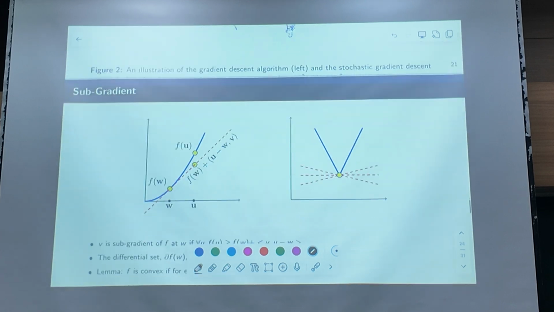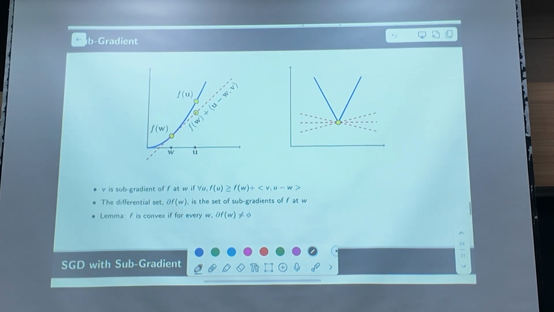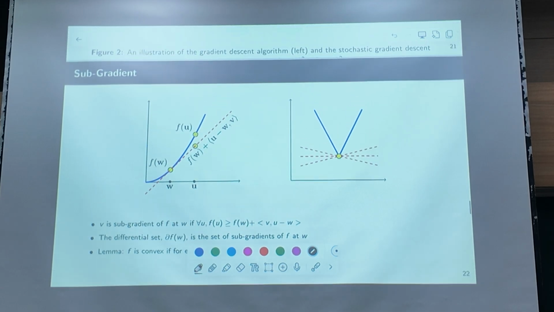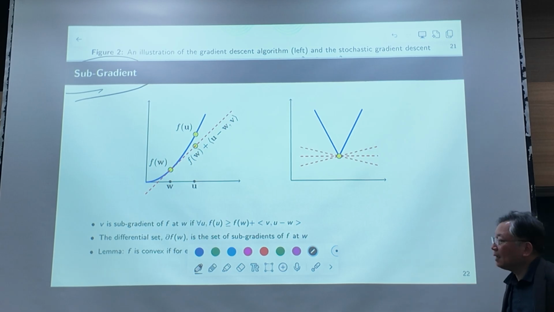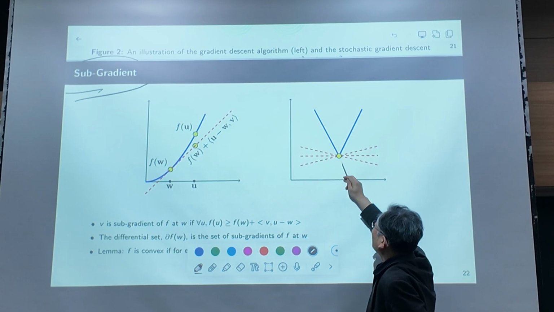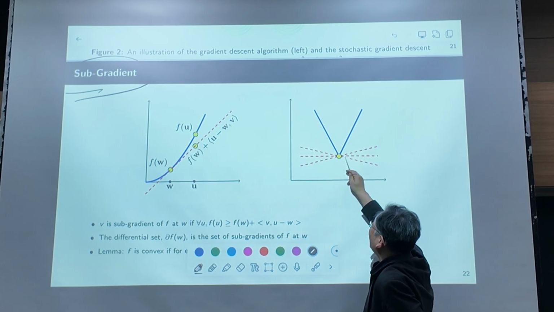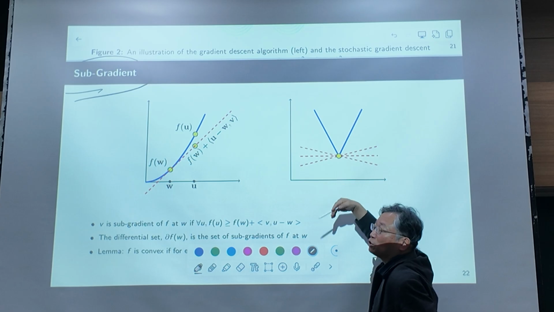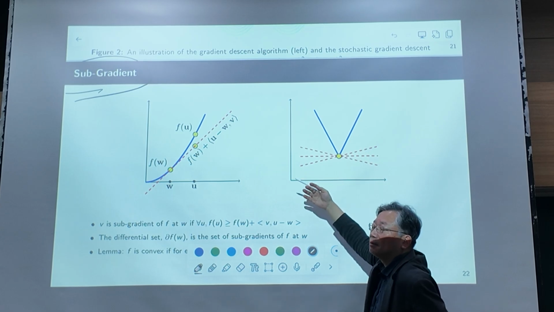And instead of taking the gradient, you could take the subgradient. Okay? Subgradient is defined as a line where all the functions lie above that line.